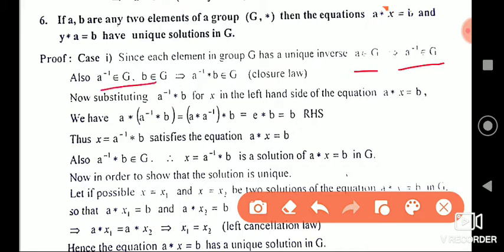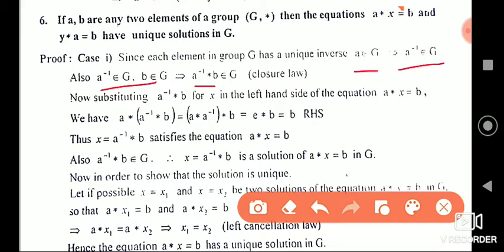This is just to prove we are taking A inverse belongs to G, and B, some other element, belongs to G, implies that A inverse star B, a binary operation A inverse star B, belongs to G. This is by closure law.